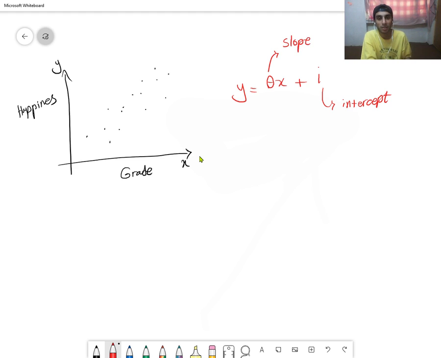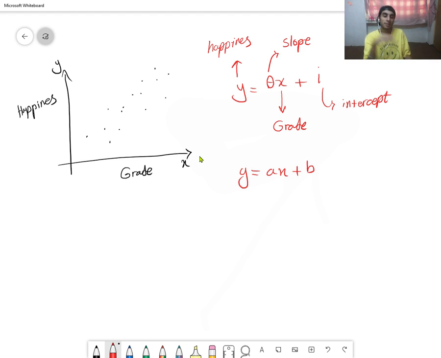Our y in our example is happiness, and x is grade. You're probably familiar with this notation, y equals ax plus b, which is the same. They are exactly the same.